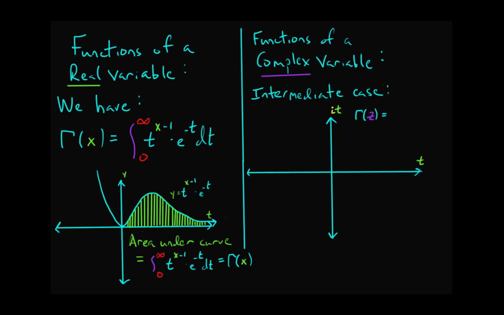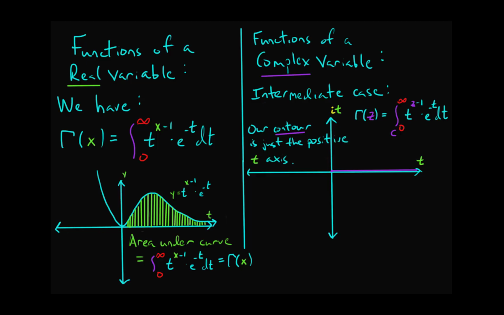And we'll write gamma of z equals the integral from infinity to 0 of the function t to the z minus 1 times e to the -t dt. And I'm integrating along the real line again here, even though I'm doing so within the complex plane. So, in fact, this is a contour integral where the contour is just the positive t axis.